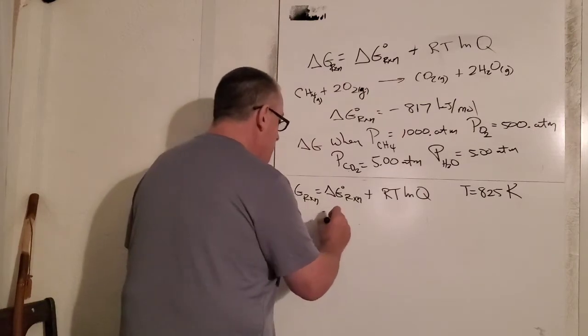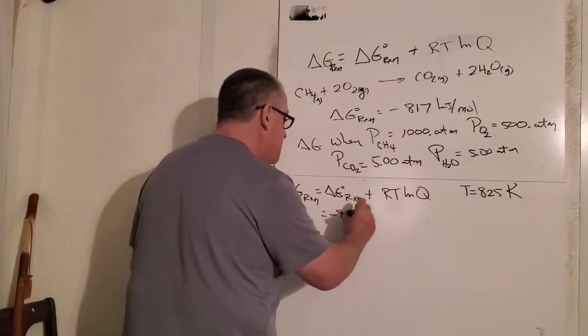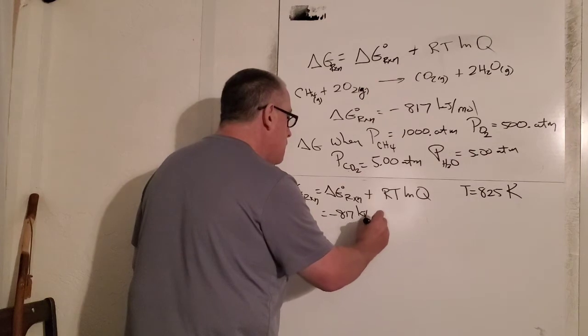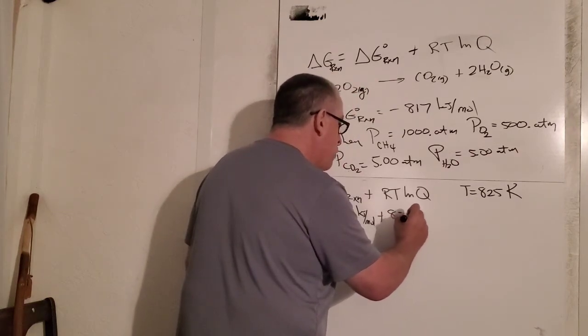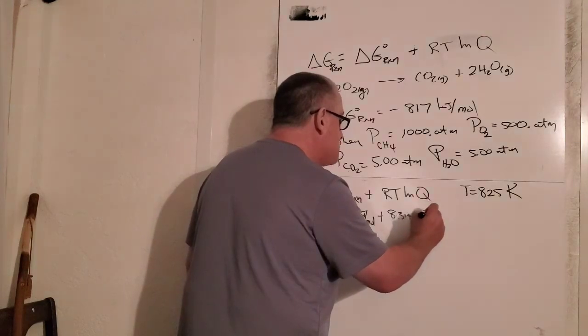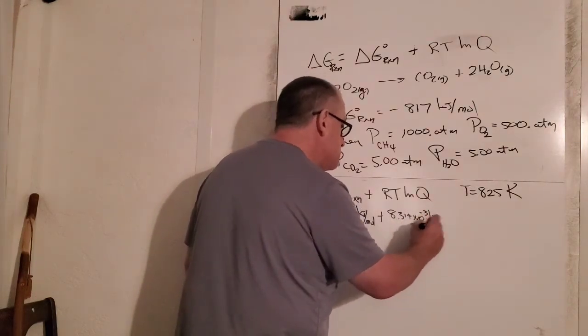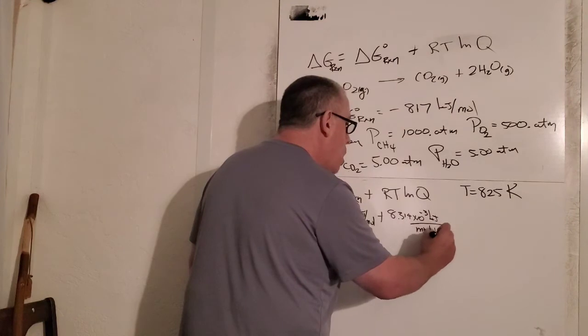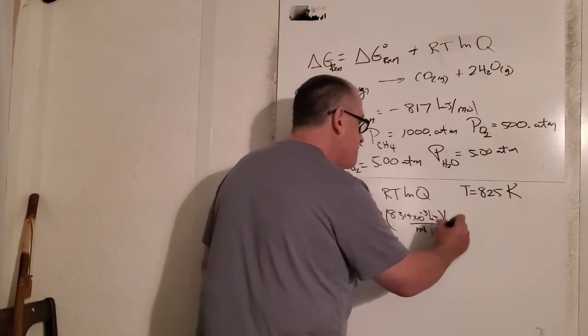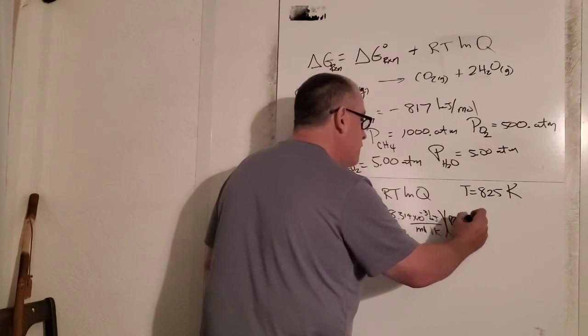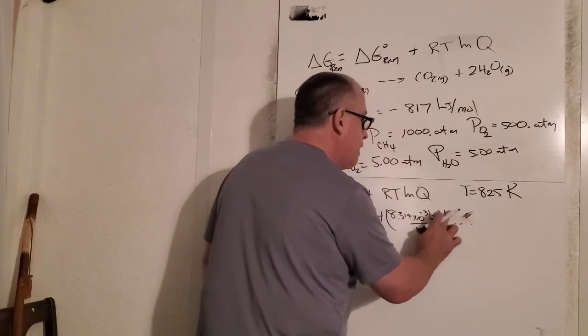Okay? This will be equal to minus 817 kilojoules per mole plus 8.314 times 10 to the minus 3 kilojoules per mole Kelvin times 825 Kelvin. Sloppy writing there.